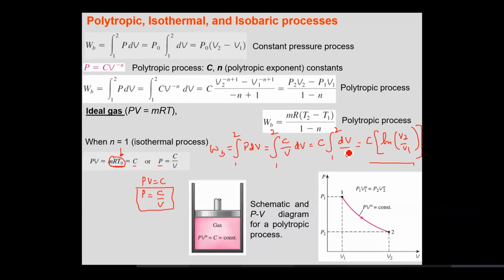Yes, sir. And you can express C as PV. C is nothing but PV. So you can write that the boundary work is equivalent to PV ln(V2 over V1). This is the boundary work for an isothermal process undergone by an ideal gas, or for a polytropic process where n equals 1.